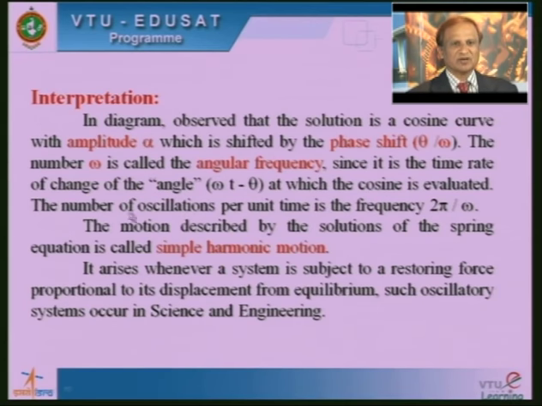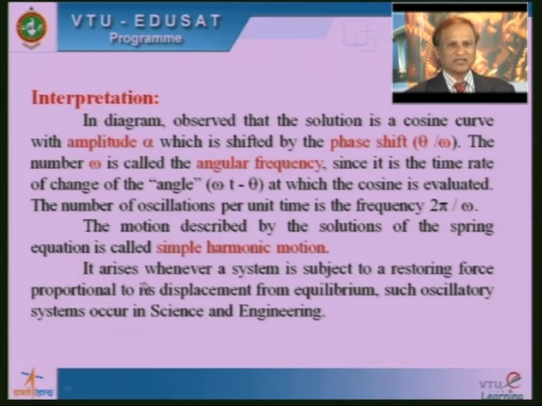The number of oscillations per unit time is the frequency, omega by 2 pi. Friends, yesterday in the last session I have given how we are going to calculate cosine of omega t minus theta. The motion described by the solution of the spring equation is called simple harmonic motion.